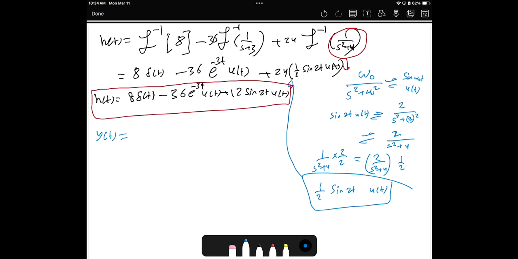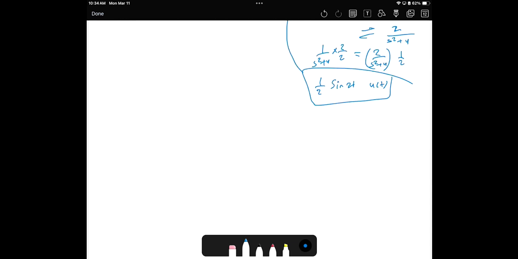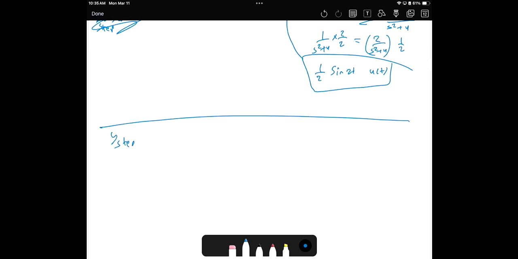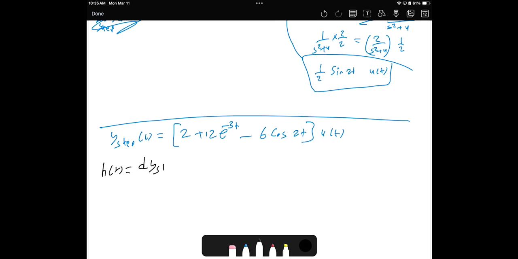y of t as a step equals 2 plus 12 e to the negative 3t minus 6 cosine 2t, times u of t. I'm going to write it on a different page. Then when we do the derivative, h of t equals d y step of t over dt.